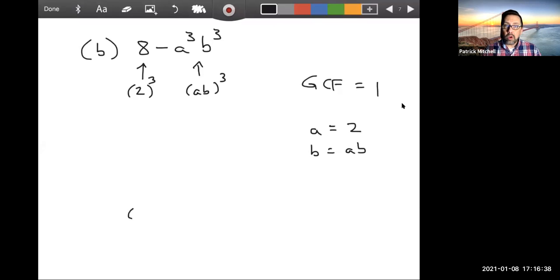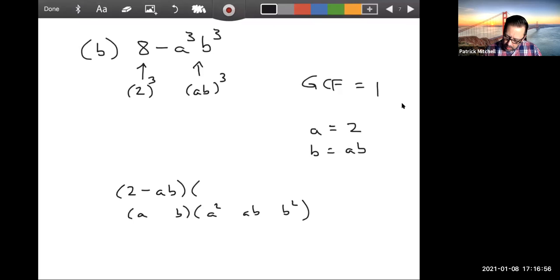Whether it was a sum or a difference, it would go (a b), and then (aa, ab, bb). All right, so now I fill it in with who's playing a, who's playing b. This is going to be 2 minus ab. Okay, now I have to be a little careful over here. Playing the role of a is 2. So this needs to be 2 squared, which is 4. a times b.